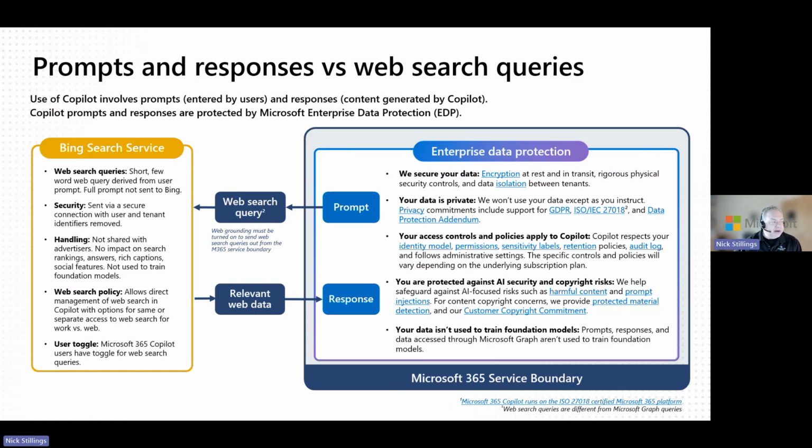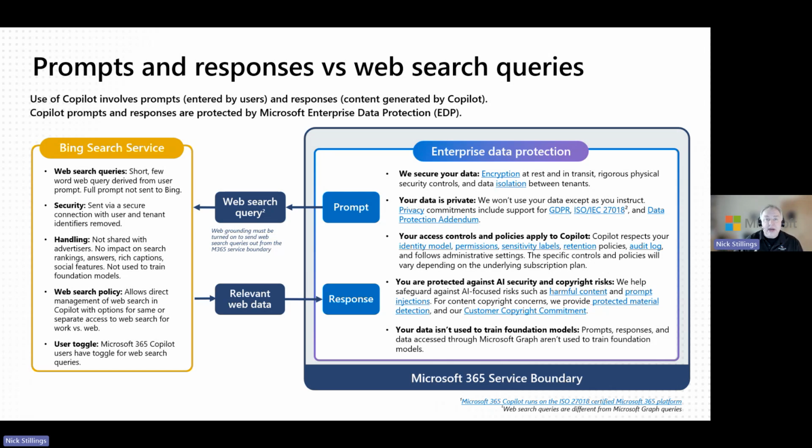The first is everything's sent by a secure connection. Secondly, everything is anonymized and protected from any of our other Bing-related or web-related services. So searches or prompts inside a Copilot or Copilot Chat don't affect things like search rankings. That data doesn't show up anywhere else, or it can't be assessed for trends or additional information. It's anonymized, so not only do we not share the user that it's coming from, but we also don't share any information on the tenant.